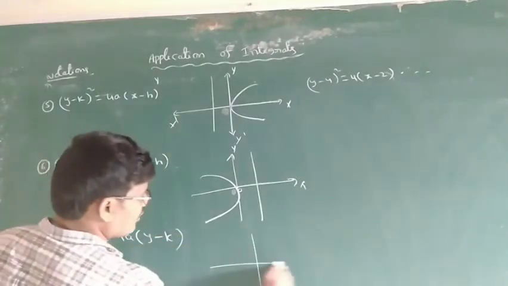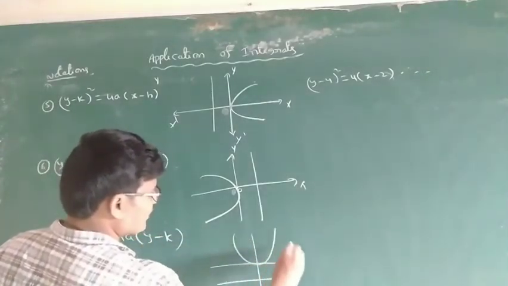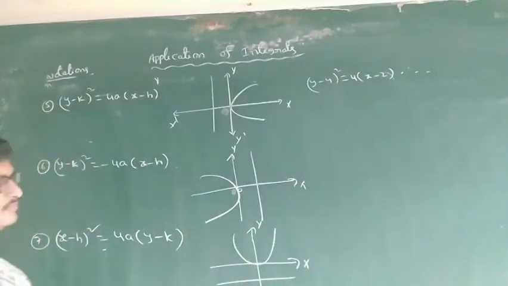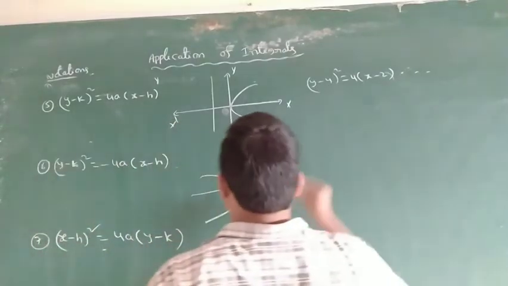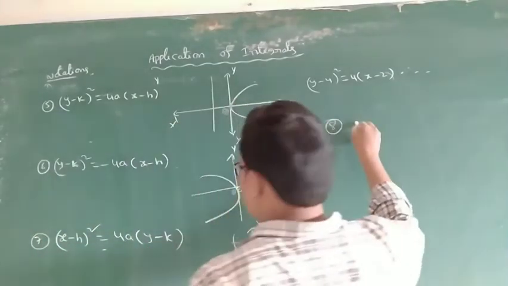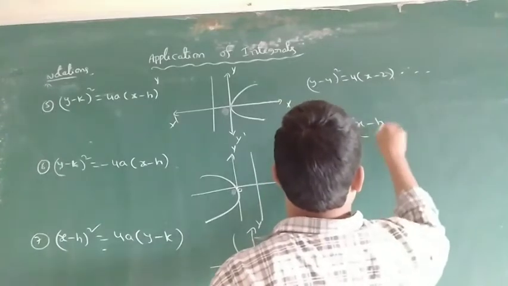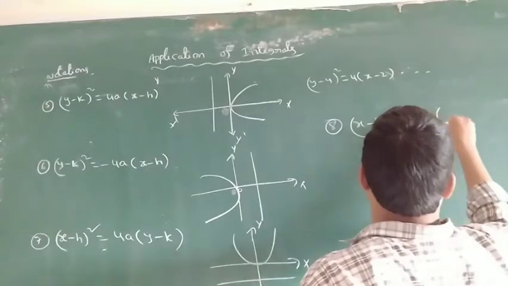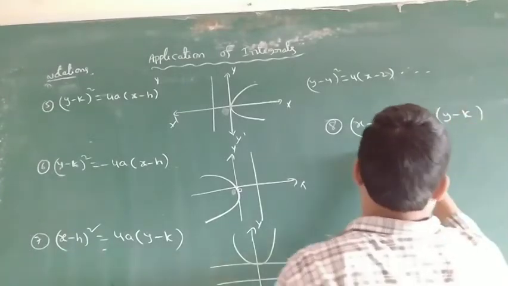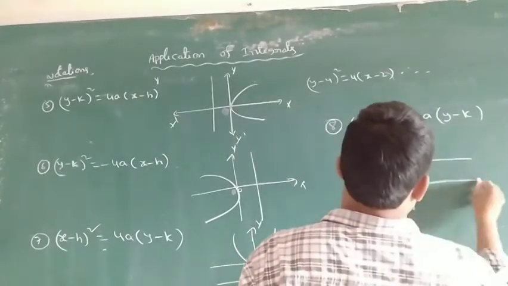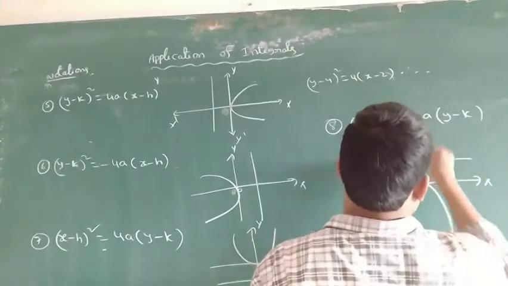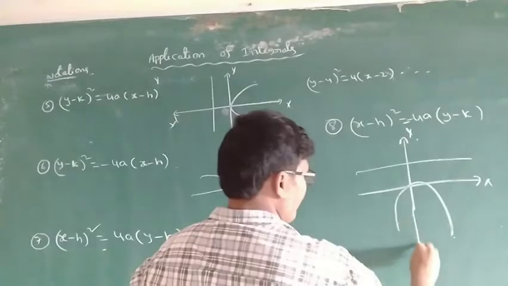This diagram is called the up direction. This is x-axis, y-axis, up direction. Next, eighth one, x minus h whole square is equal to minus 4a into y minus k. This diagram is the downside, x-axis, y-axis, downside.